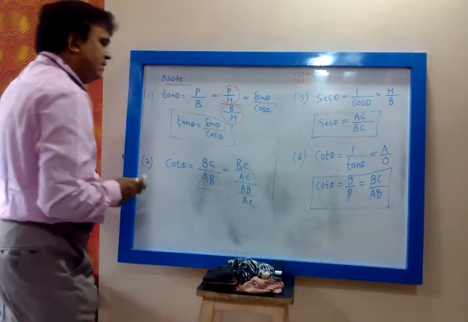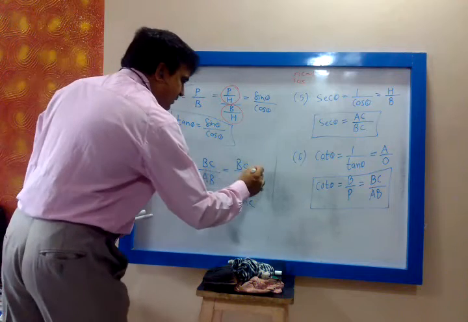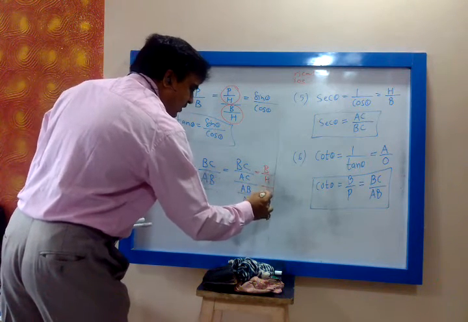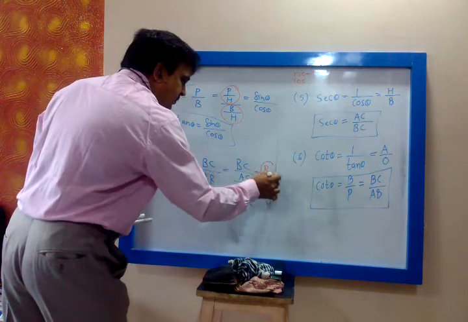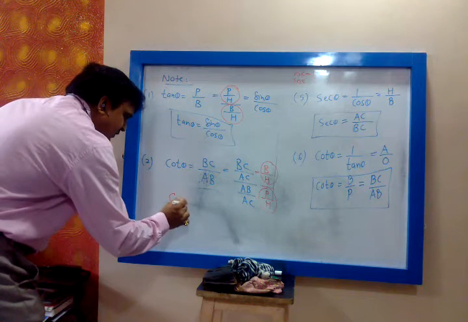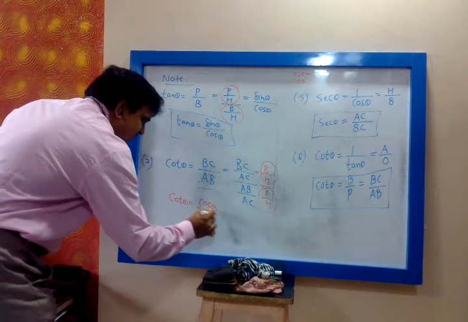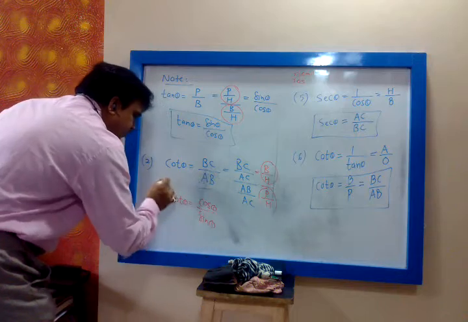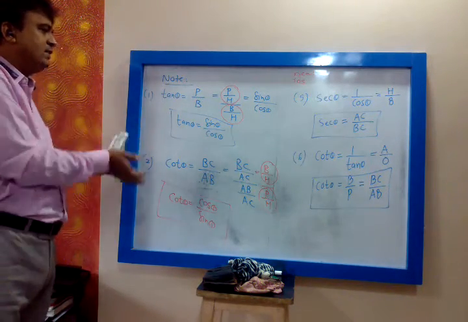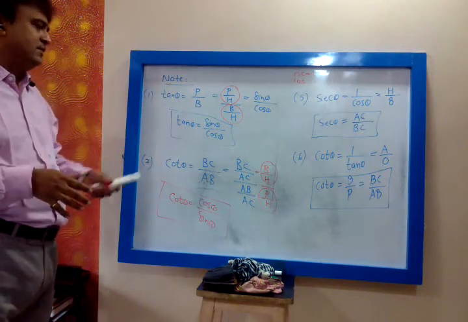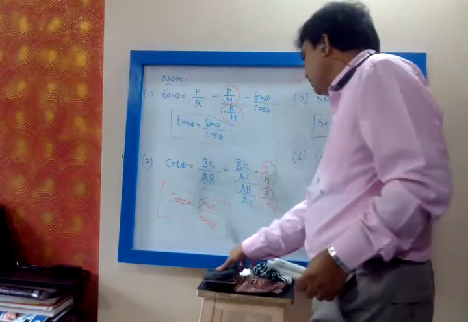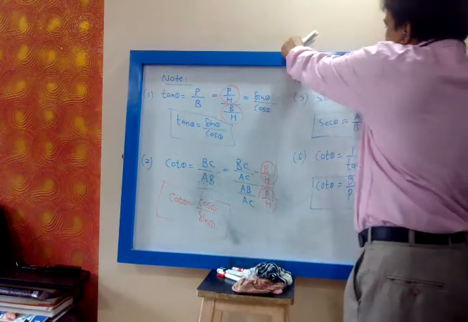BC is nothing but base, so base upon hypotenuse, and this is perpendicular upon hypotenuse. What is base upon hypotenuse? Cos theta by sin theta. So cot theta is cos theta by sin theta. So these two formulas you remember: tan theta is sin theta upon cos theta, and cot theta is the reciprocal of tan theta.